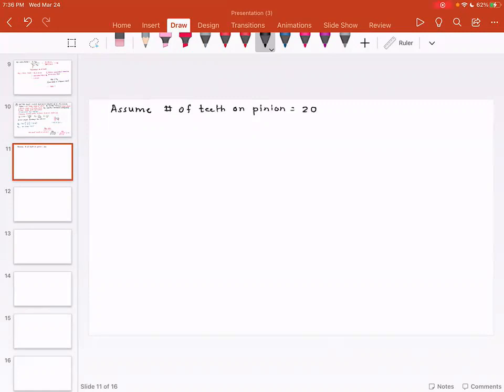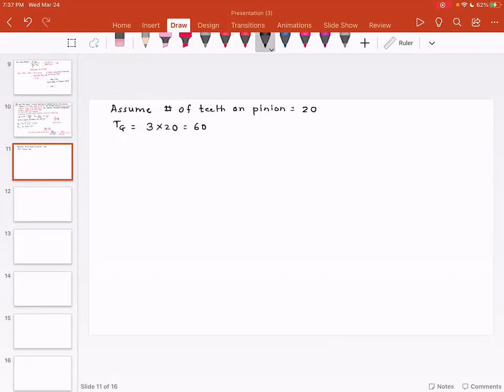And once I have the number of teeth on pinion equal to 20, the velocity ratio is given as 3. So number of teeth on the gear are going to be 60. So TG is equal to 3 times 20, which is equal to 60.